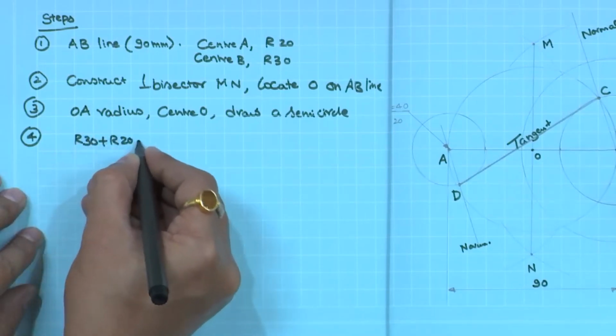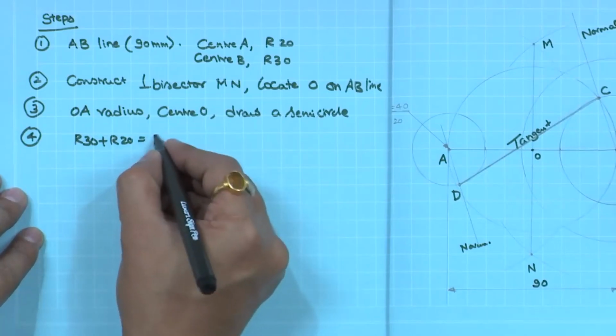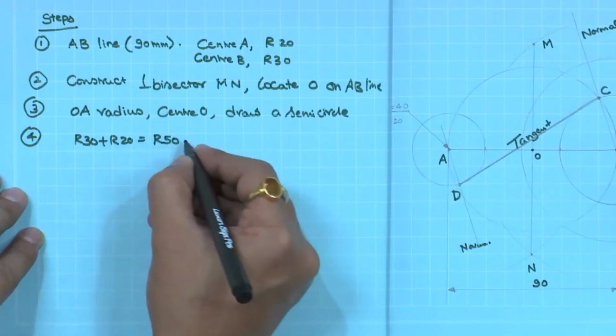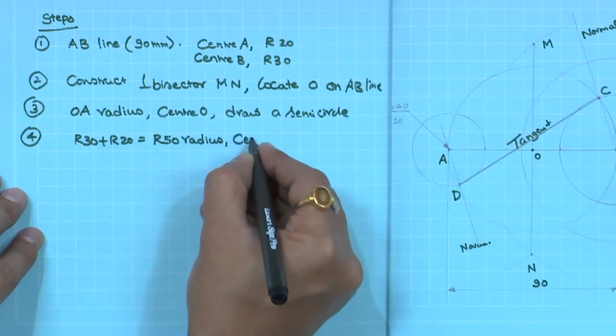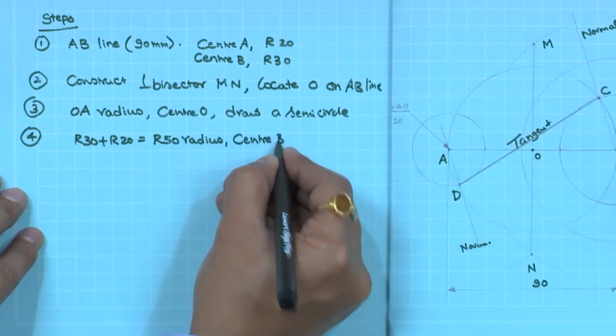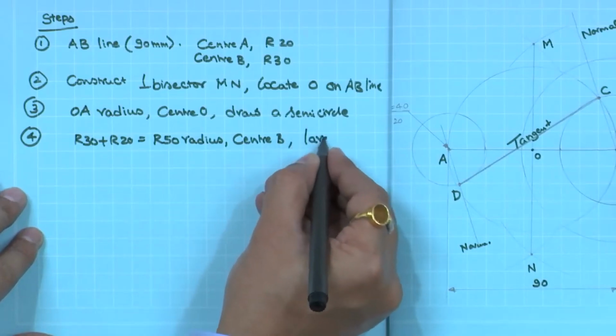These are the dimensions on which outside we will be in a position to construct the larger circle. So, with R 50 radius, center around B, draw a larger circle.